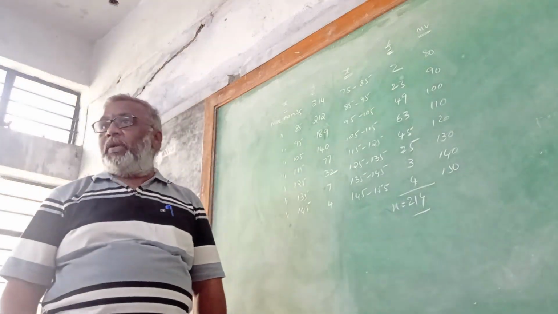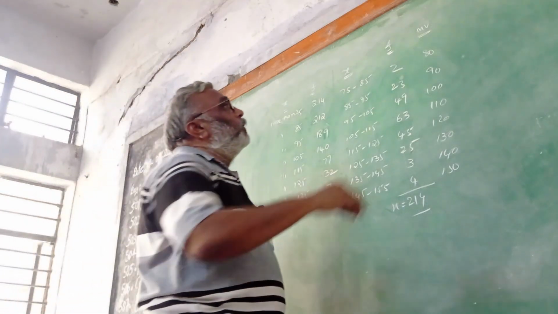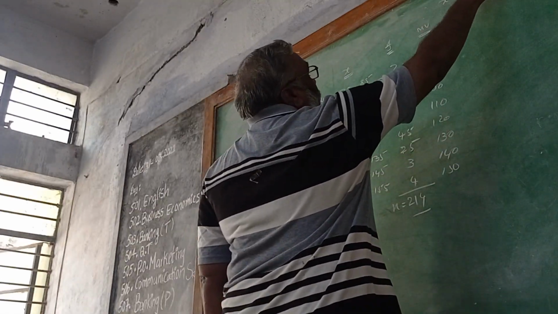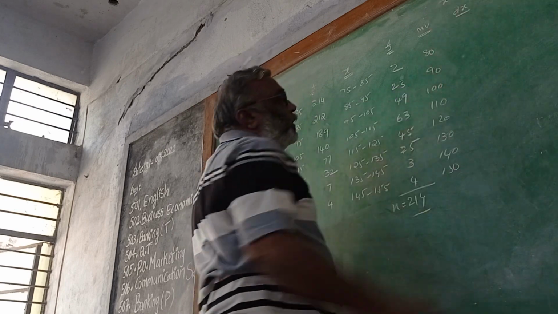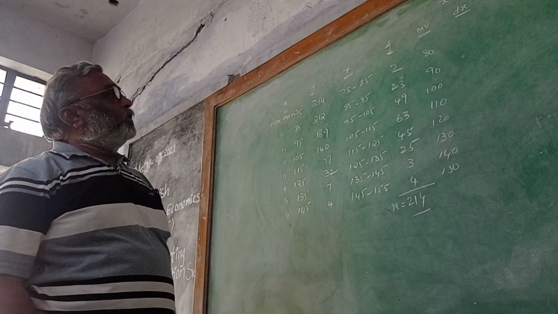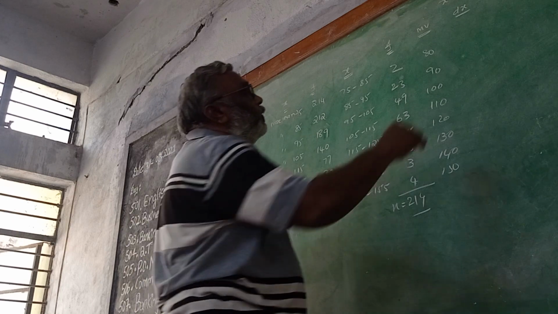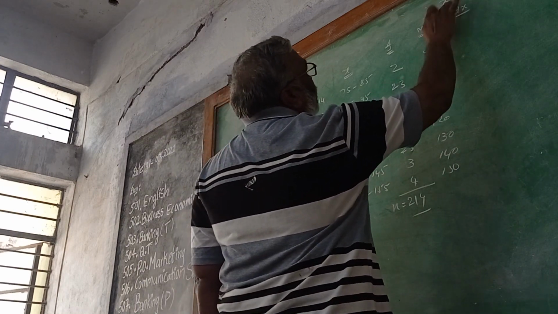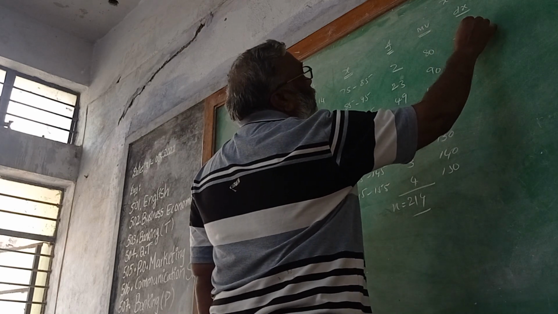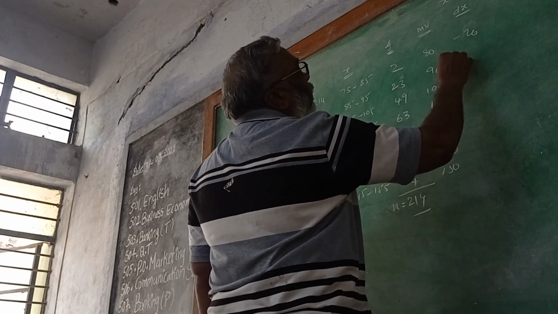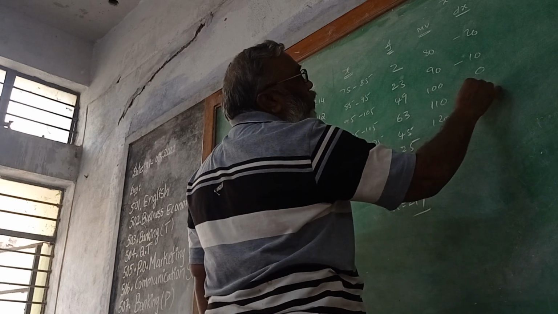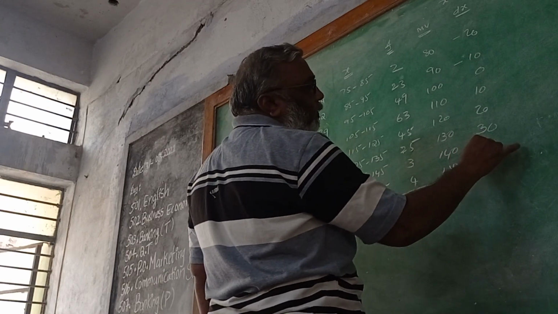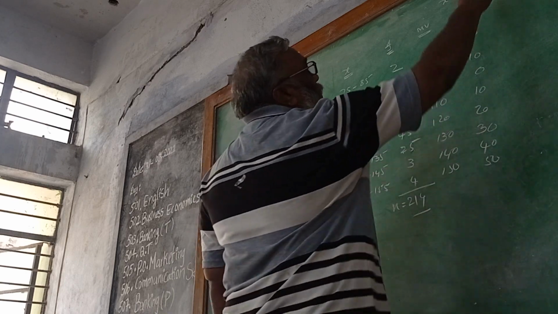Take one of the items as x dash, that is 100. Dx. x dash means assumed mean. Deviations: minus 20, minus 10, 0, 10, 20, 30, 40, 50.